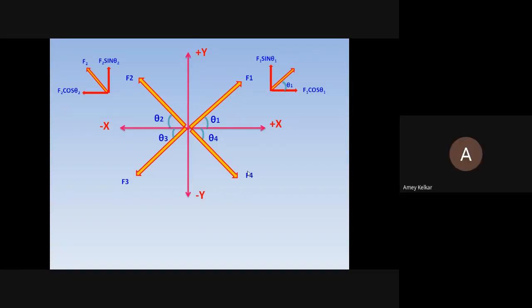Appreciate your answer. Yes, this is how we have to take. When we are in the second quadrant, observe that the F2 cos theta 2 arrow is moving towards the negative x-axis, so that has to be taken as negative. Whereas F2 sin theta 2 is again moving vertically upwards, so it has to be taken as positive.